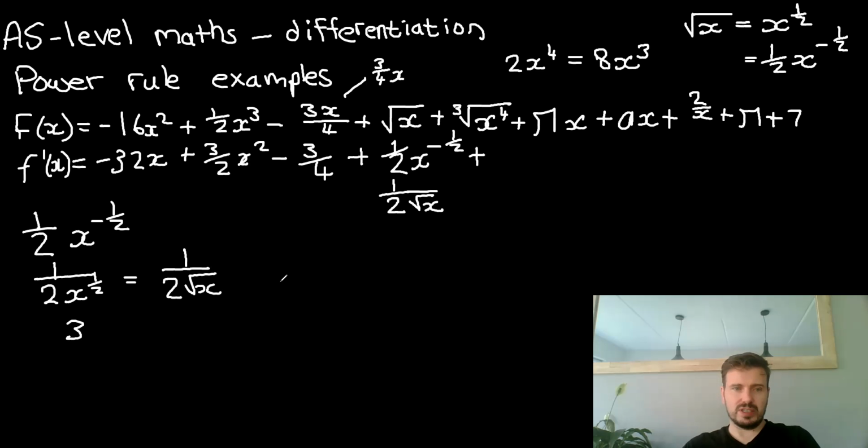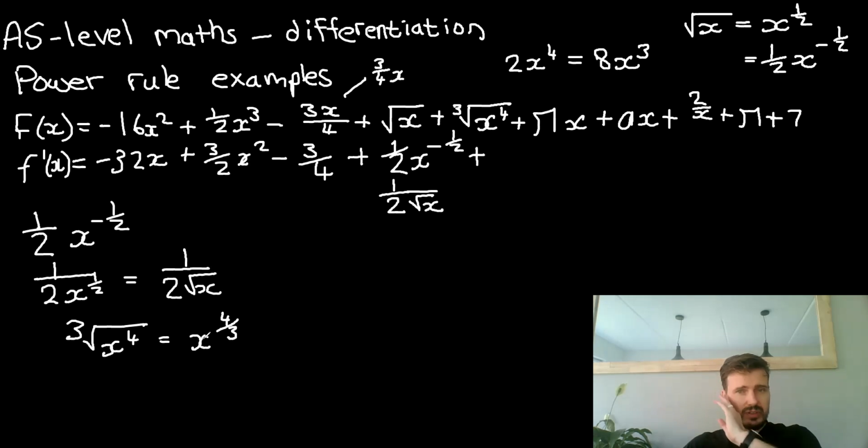Okay, the cube root of x to the 4. We can write that as x to the 4 over 3. In other words, whatever's inside the root goes to the top, whatever's outside goes to the bottom. With the square root, inside was a 1 at the top, and outside there's a 2, which meant it was x to the half.